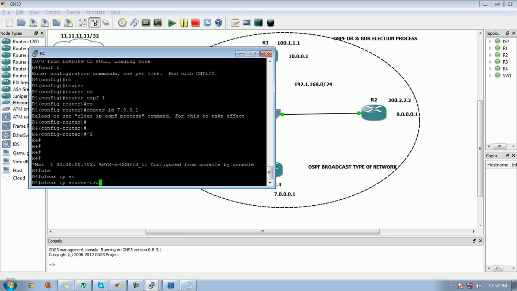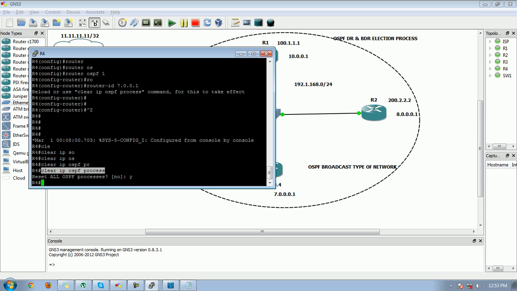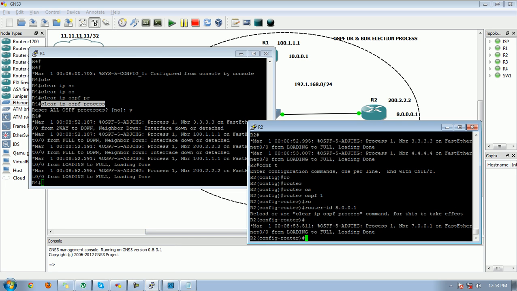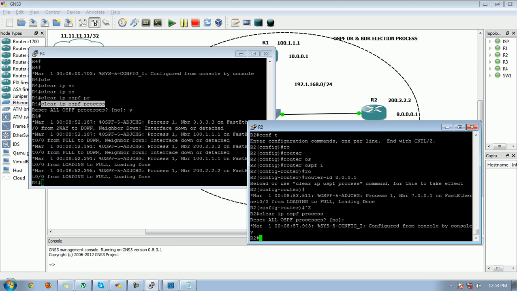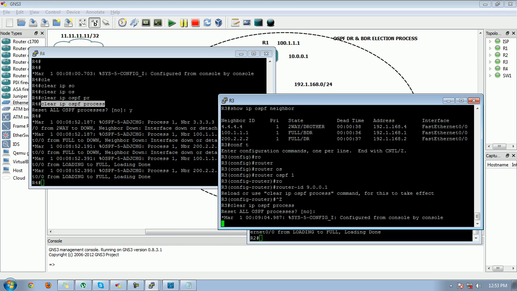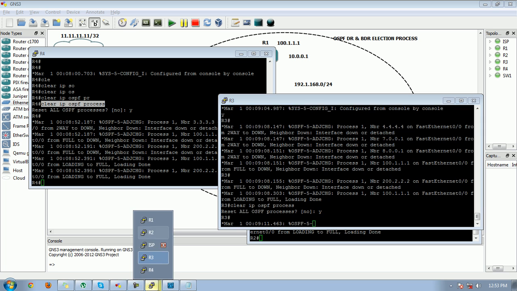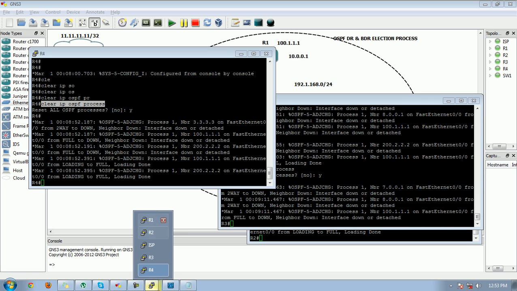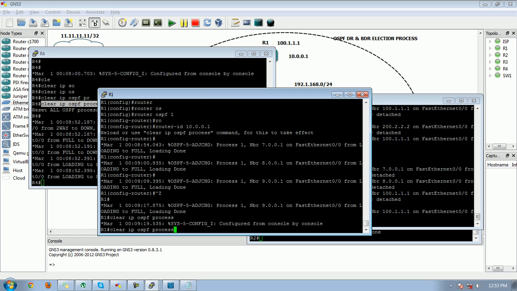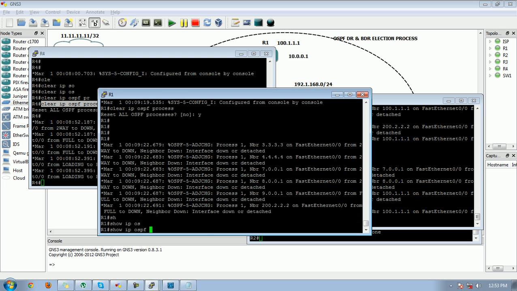Clear IP OSPF process. R2. R3. R1. Show IP OSPF neighbor.